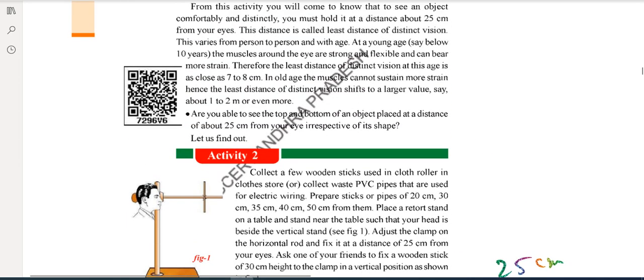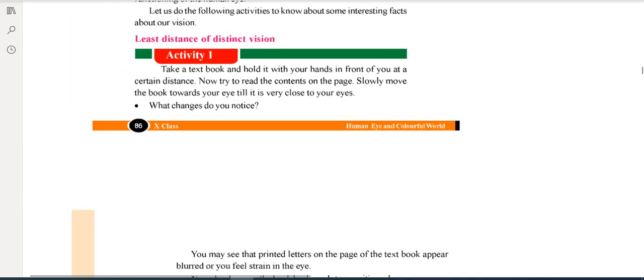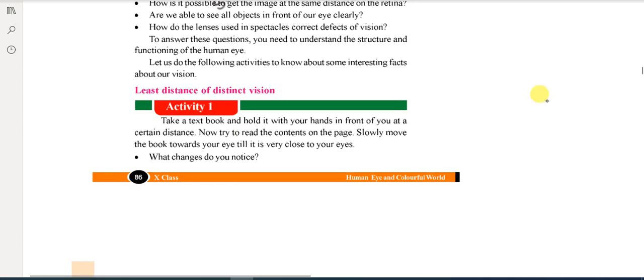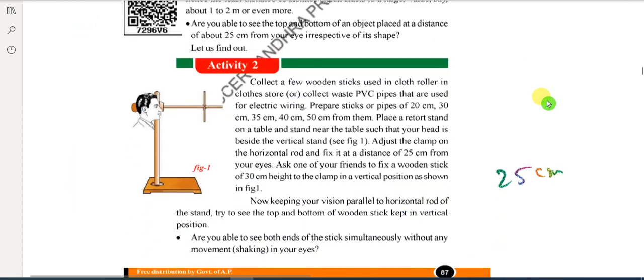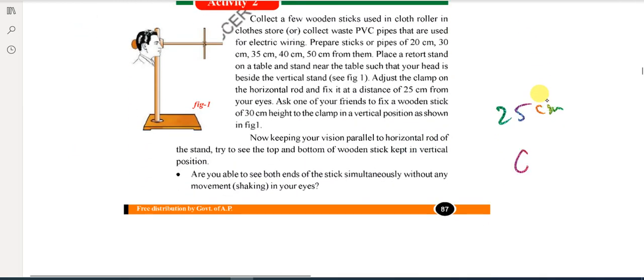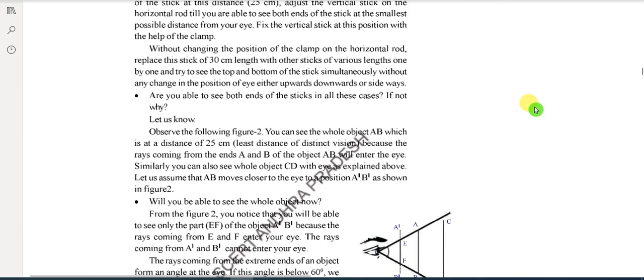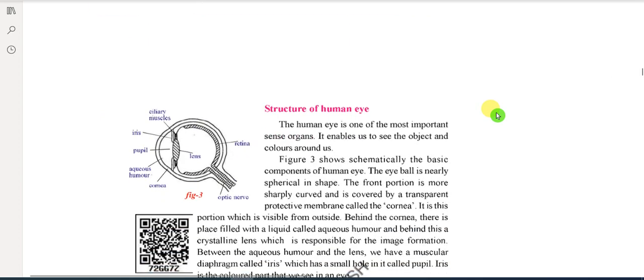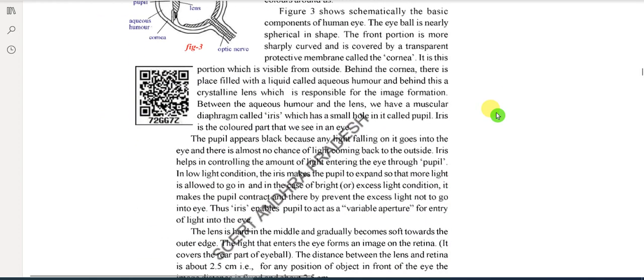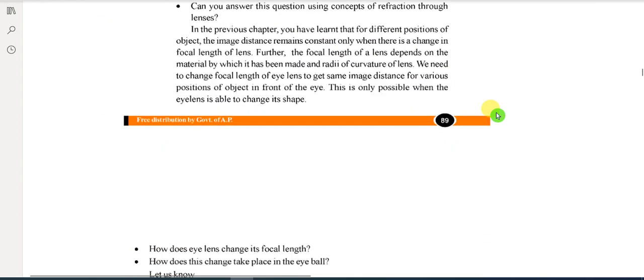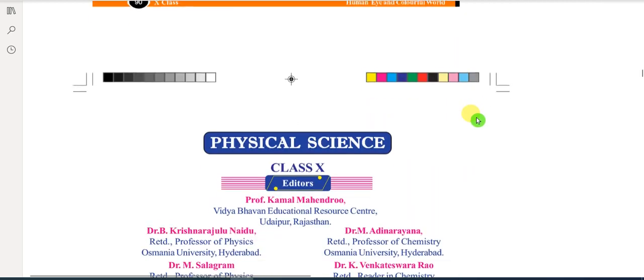What is 25 centimeters? Least distance of distinct vision, that is the 25 centimeters, and angle 60 degrees. So see, both are very important. And structure of ciliary muscles is important.